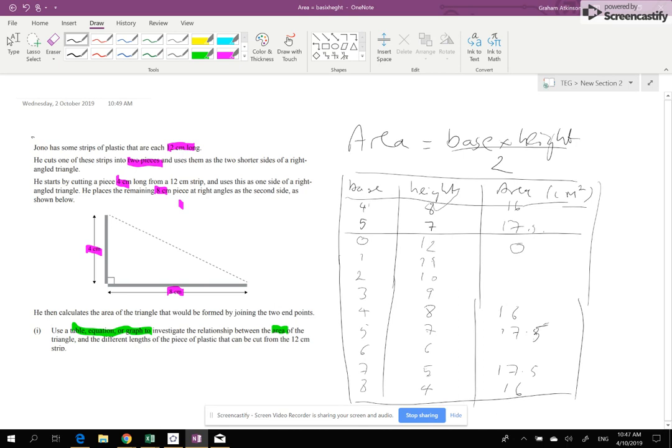Right, so now notice how I've rewritten out my numbers even though they were at the top because I want my table to be sequential. Now I'm going to work these out. So 11 times 1 is 11 divided by 2 is 5.5. 2 times 10 is 20 divided by 2 is 10. 3 times 9 is 27 divided by 2 is 13.5.